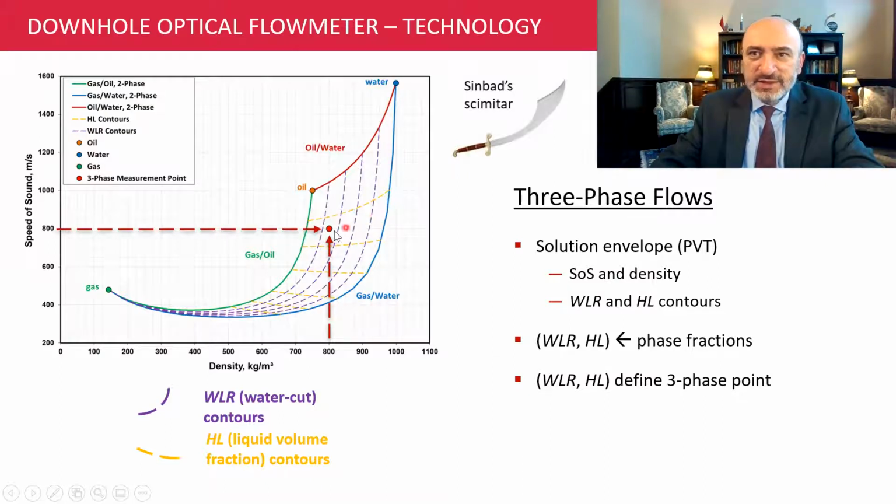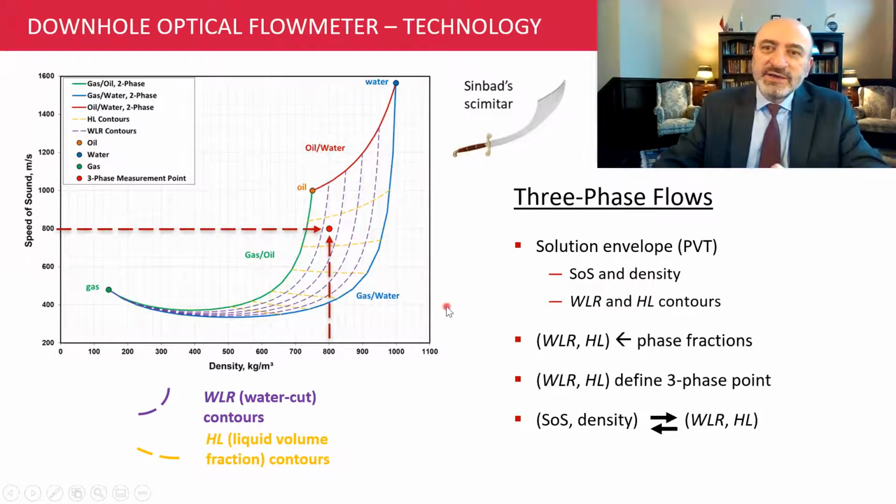Now, interestingly, I can actually reach this point through external measurements by measuring the speed of sound and the density. So we have a point, and that point has a relation with 4 quantities: speed of sound, density, water cut, and liquid volume fraction.